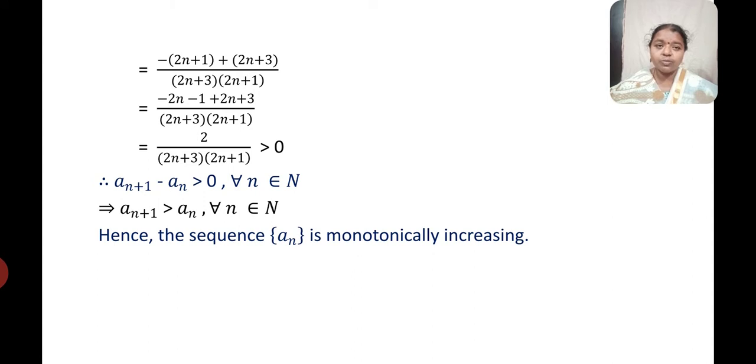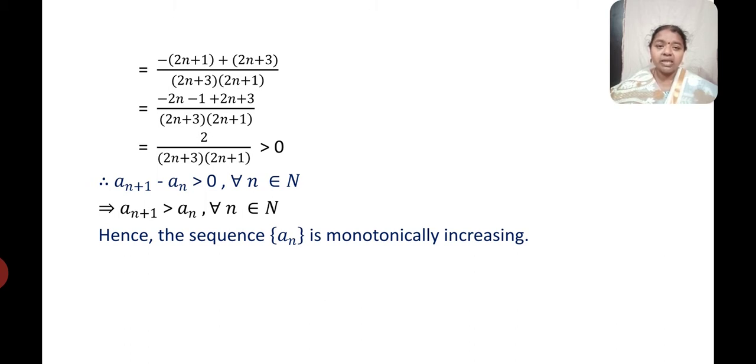On cross multiplying and simplifying, we get minus 2n minus 1 plus 2n plus 3 divided by, let's not simplify the denominator, keep it as it is, 2n plus 3 into 2n plus 1. 2n and minus 2n get cancelled. So we get 2 divided by 2n plus 3 into 2n plus 1.